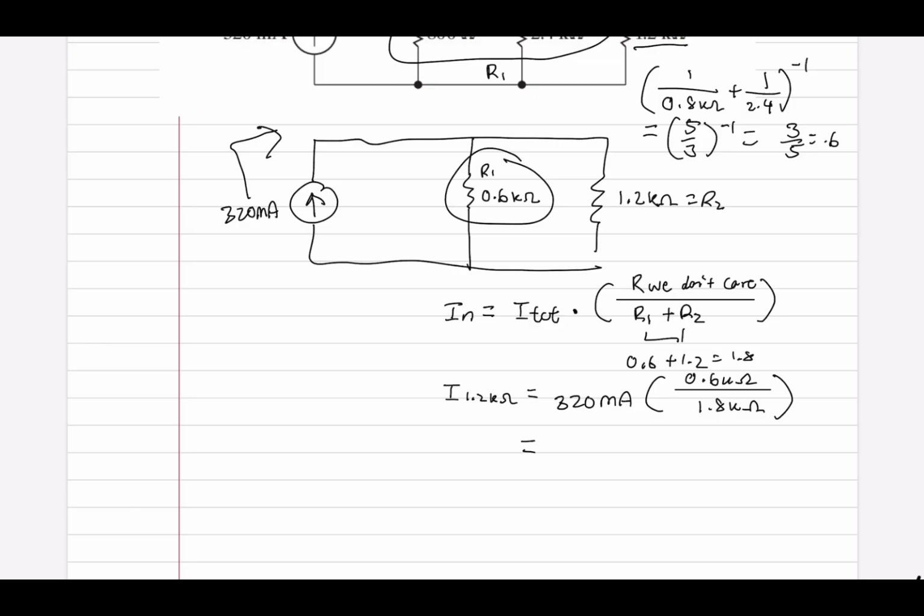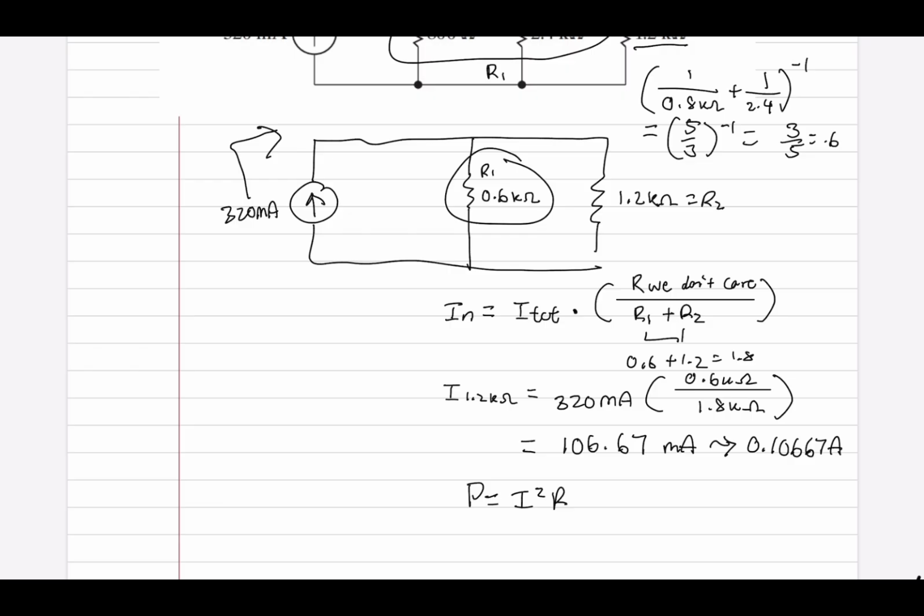This will give us the same answer, 106.67 milliamps. And then we can convert that into 0.10667 amps. And then we just plug it back into the P equals I squared times R formula, and we will get the same answer.